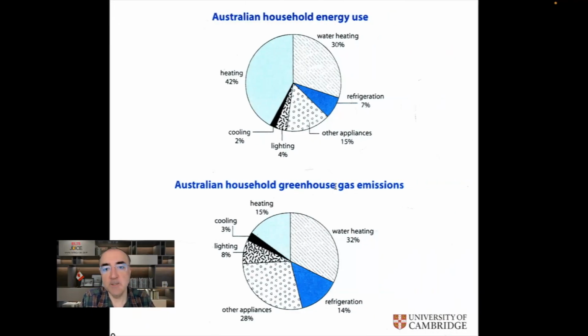Let's see. Forget heating because this is 42. Okay, the other ones. Yes, 32% is larger than 30, 14% is larger than 7, 28 is larger than 15, 8 is larger than 4, and 3 is larger than 2. That's correct.